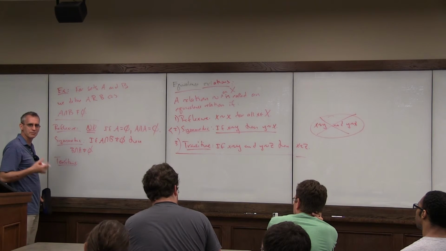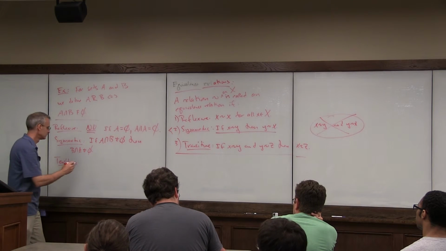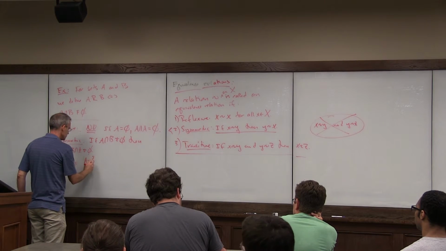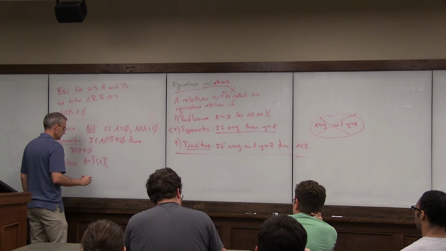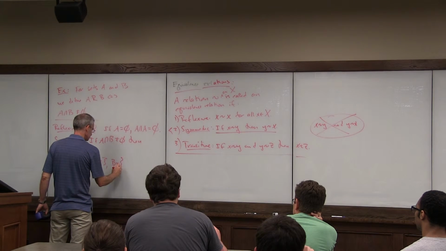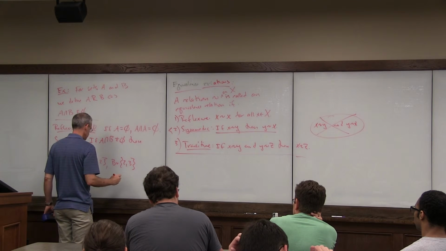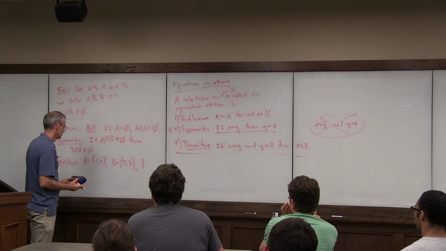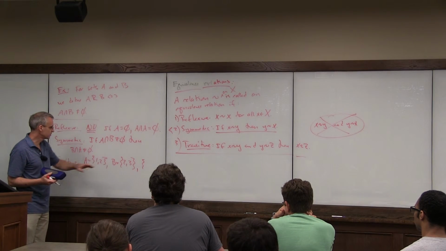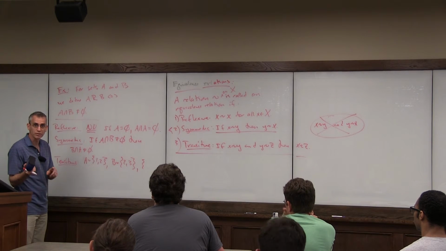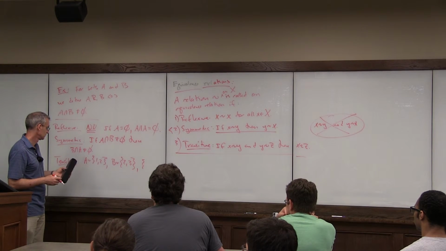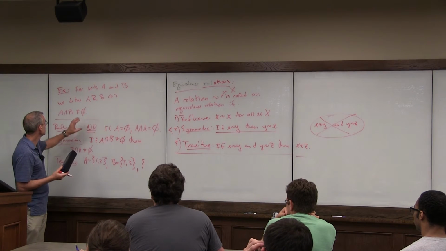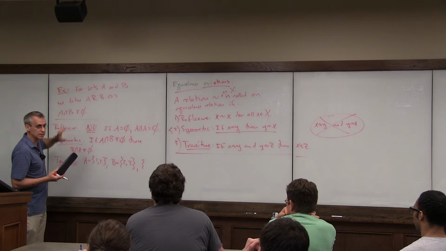Got to tell me 3 sets, A, B, and C. A equals {1, 2}. B equals {2, 3}. And C equals {3, 4}. Well, what we want is for A intersect C, if we're going to do a counterexample, to be empty.